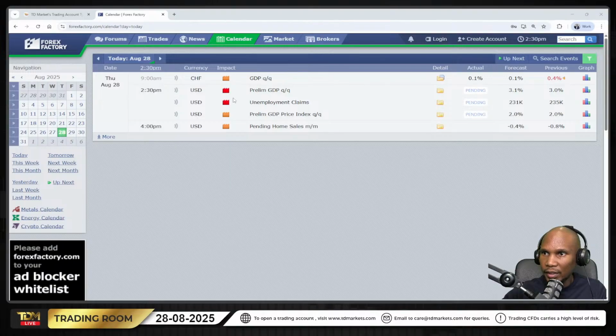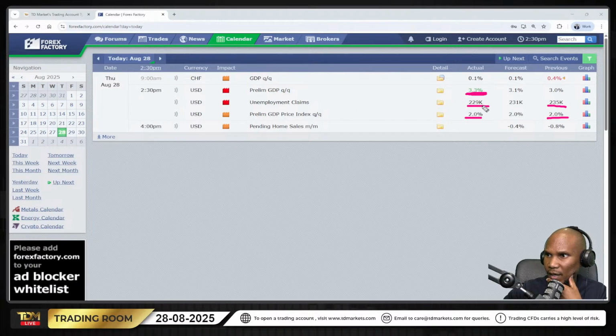All right, so it's now 2:30. Let's see what's happening here. GDP came out stronger for the dollar, favors the dollar.